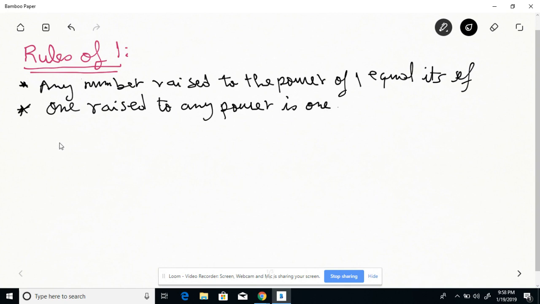I'm going to give an example to understand more. So let's say we have x to the 1. Any number raised to the power of 1 equals itself. So this number here raised to the power 1 equals itself, which is x.